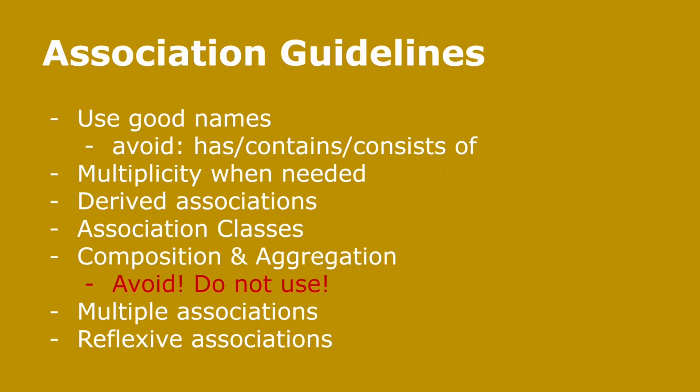So attends is maybe a good name in this particular domain. Try to avoid these mundane has, contains, or consists of association names. Sometimes they are what you can come up with, but try to find good association names that actually describe the relationship between the two classes.